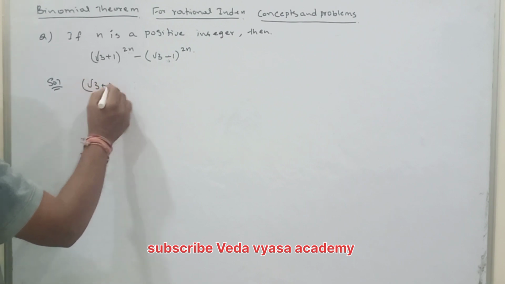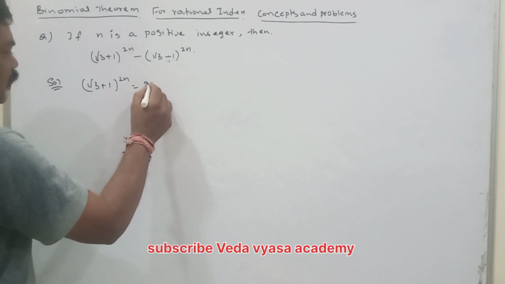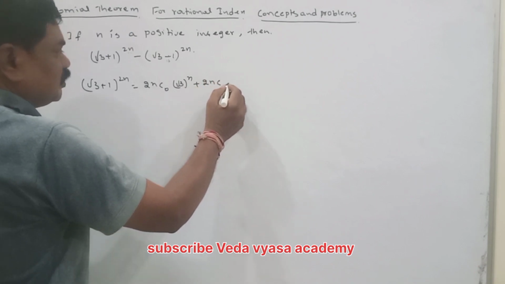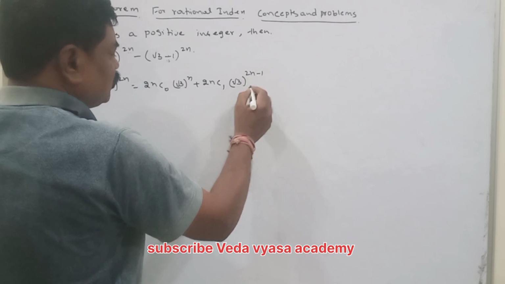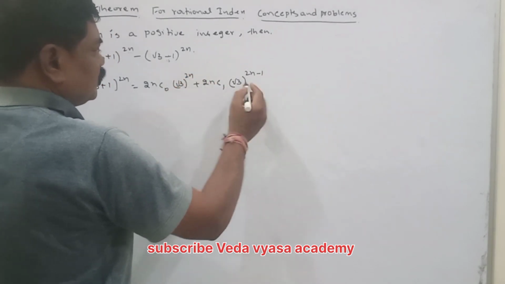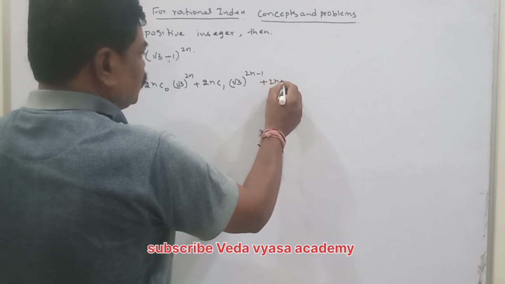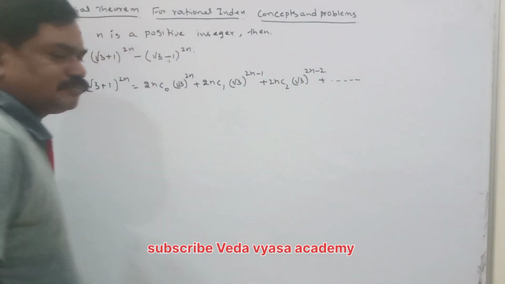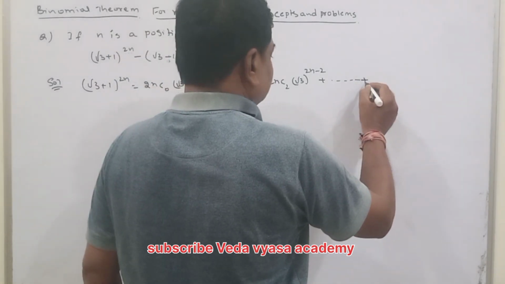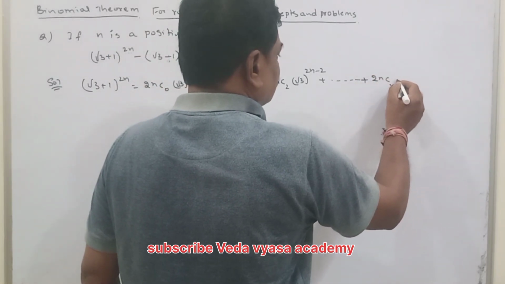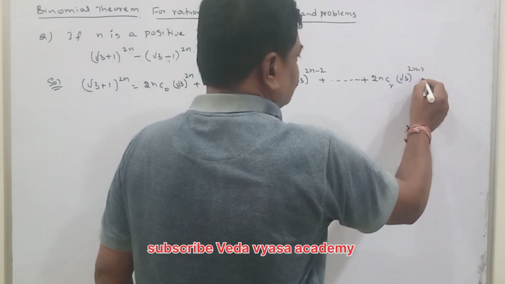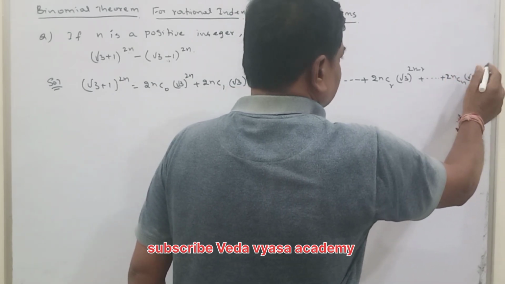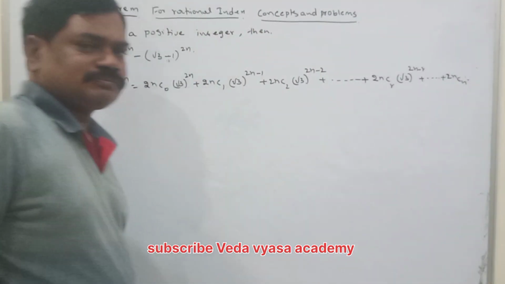So root 3 plus 1 whole power 2n is equal to 2n c0 root 3 whole power 2n plus 2n c1 root 3 whole power 2n minus 1 plus 2n c2 root 3 whole power 2n minus 2 plus so on, plus 2n cr root 3 whole power 2n minus r, plus so on, 2n cn. That's all. Okay.